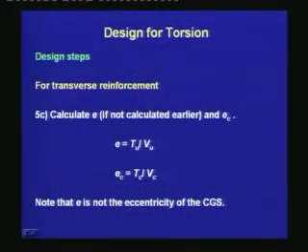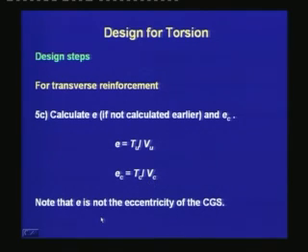Next, we are calculating the parameters e and ec, which are the ratios of the torsion and shear. e is the ratio of the ultimate torsion to the ultimate shear, and ec is the ratio of the capacity of concrete to resist torsion to the capacity of concrete to resist shear.